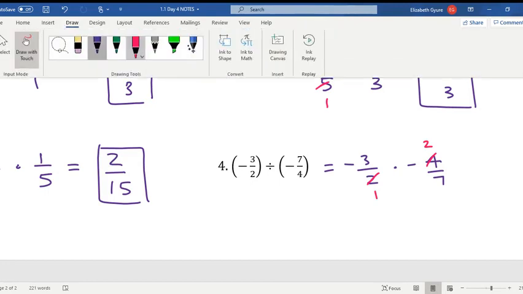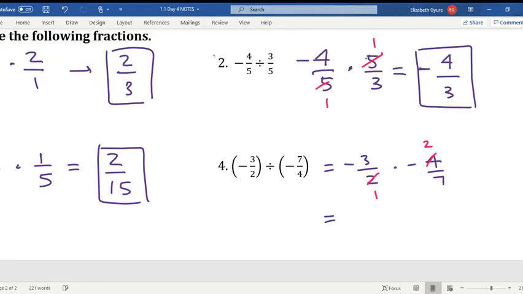Because then, if you don't mess with them, you'll still be able to see, oh, there were 2 negatives, right? And a negative times a negative is going to make a positive. And you could write a positive sign if you want, or you don't have to. Now multiply. We got 3 times 2 is 6. 1 times 7 is 7. 6/7.